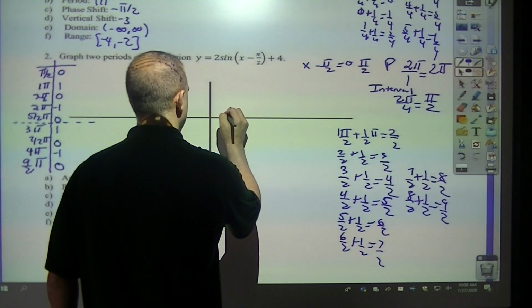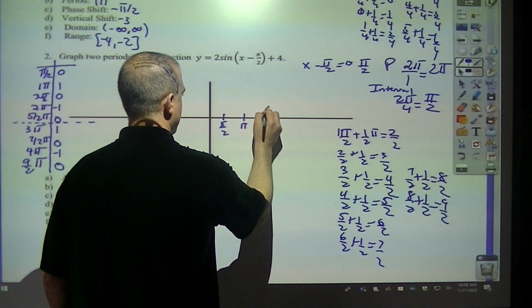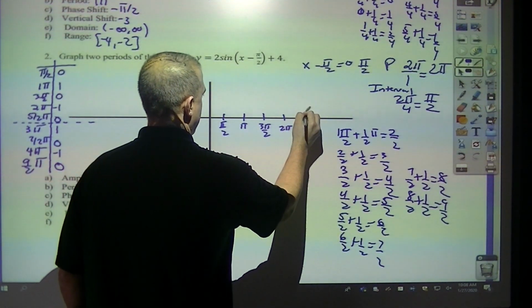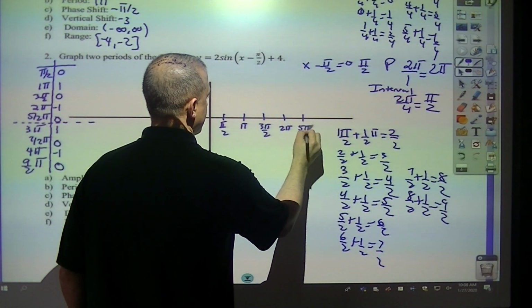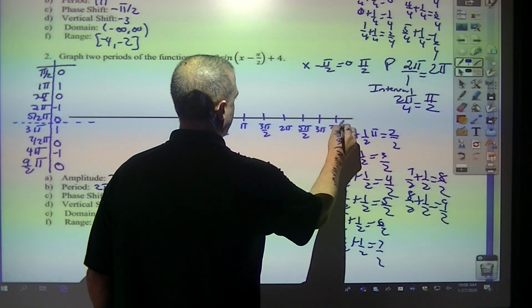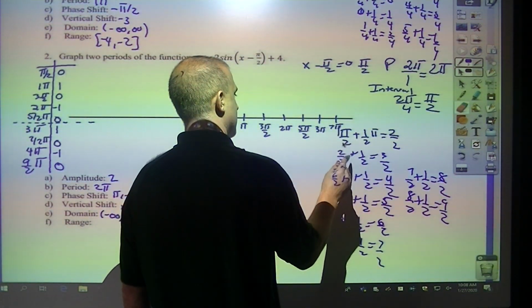So I'm going to be at pi over 2 here, 1 pi, 3 pi over 2, 2 pi, 5 pi over 2. They work in odd increments. 3 pi, 7 pi over 2. I'm going to erase this so we don't need that anymore.